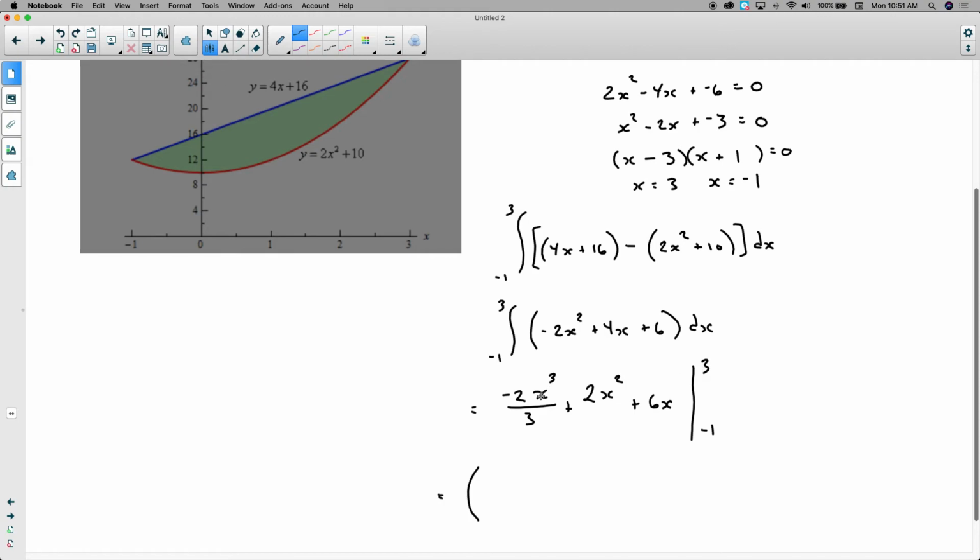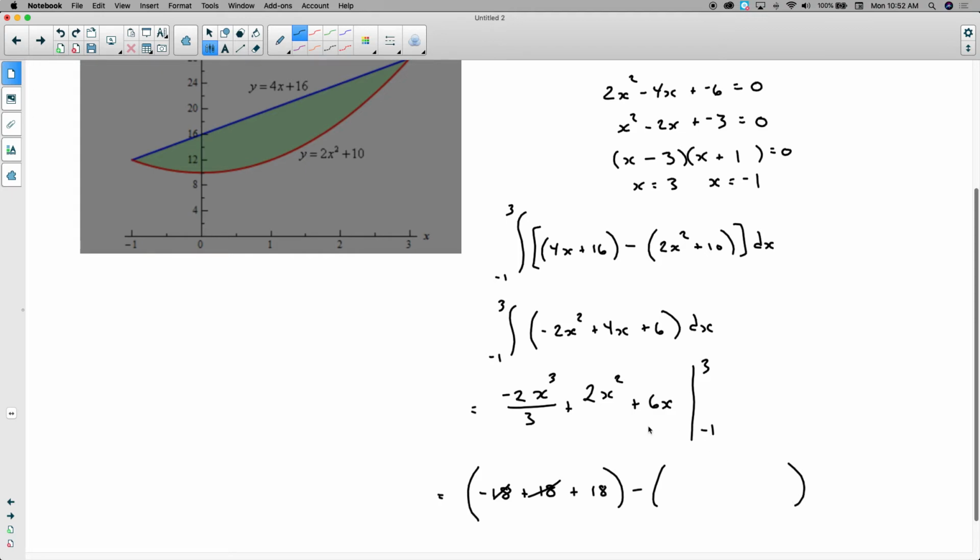So let's see, when I put in 3 here, one of these 3's kills that one, left with 2, that's 9 for negative 18, plus putting 3 here gives me 18, so those kill each other off, and putting 3 there, I get 18 again, minus.